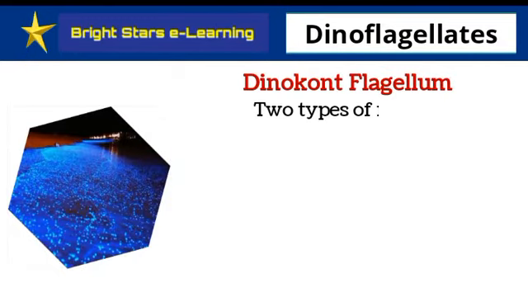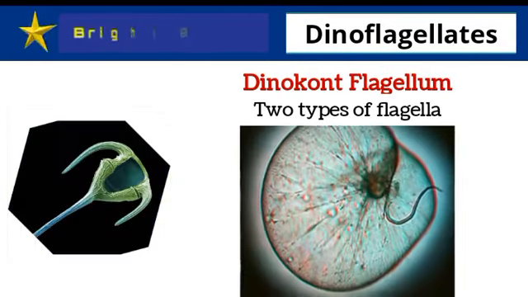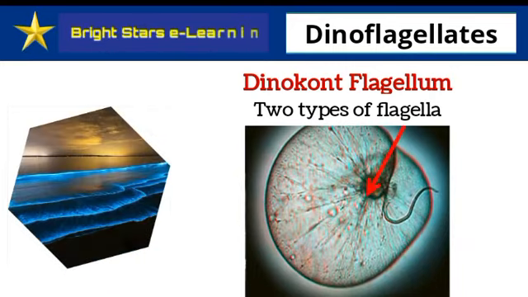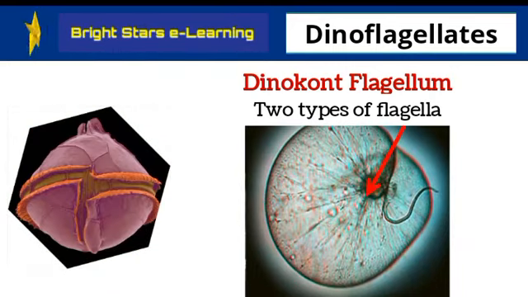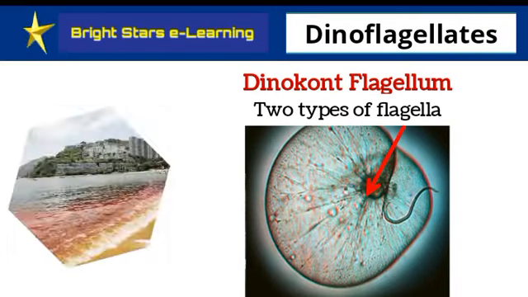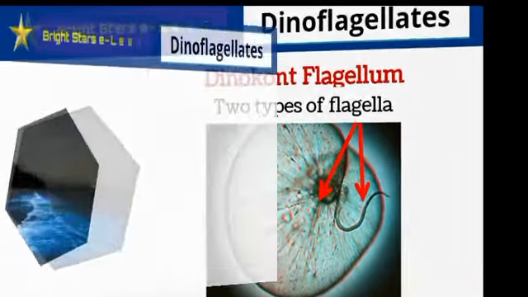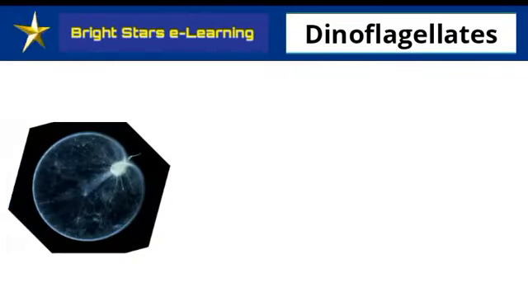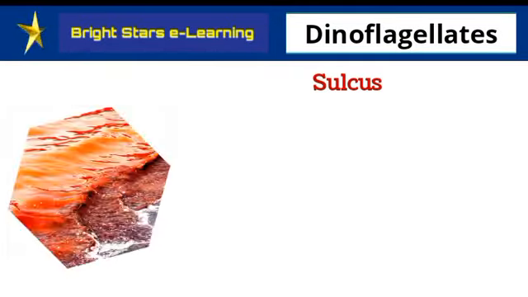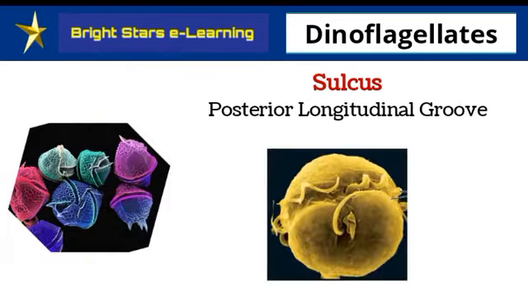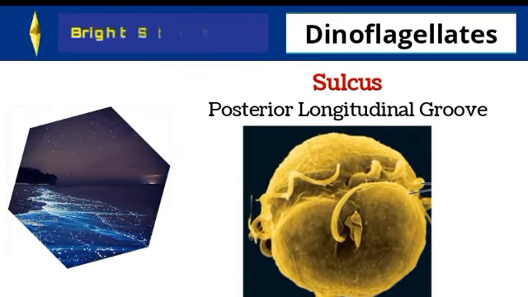Dinokont flagellum means flagellum with two types of flagella. Here the organism has a shorter flagellum and also a longer flagellum. So we call it dinokont flagellum. Another structure is the sulcus, that is the posterior longitudinal groove.